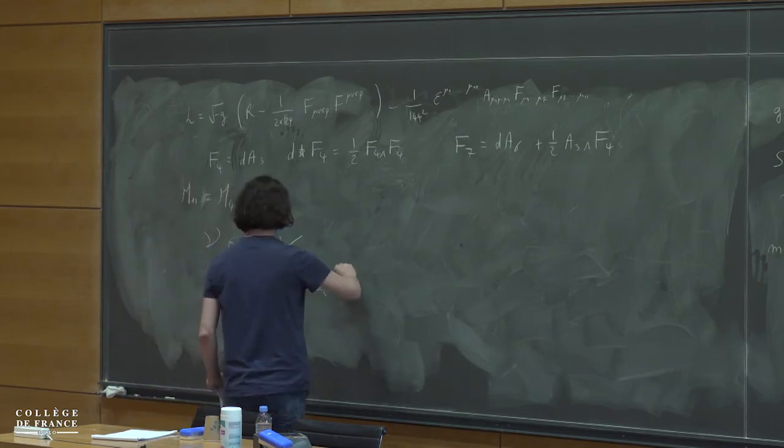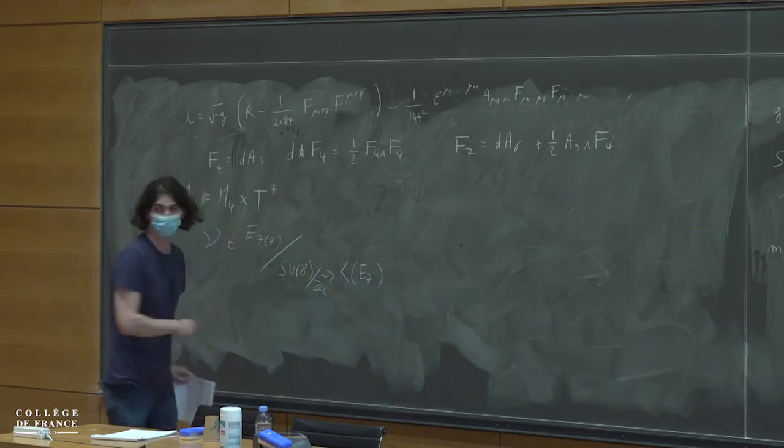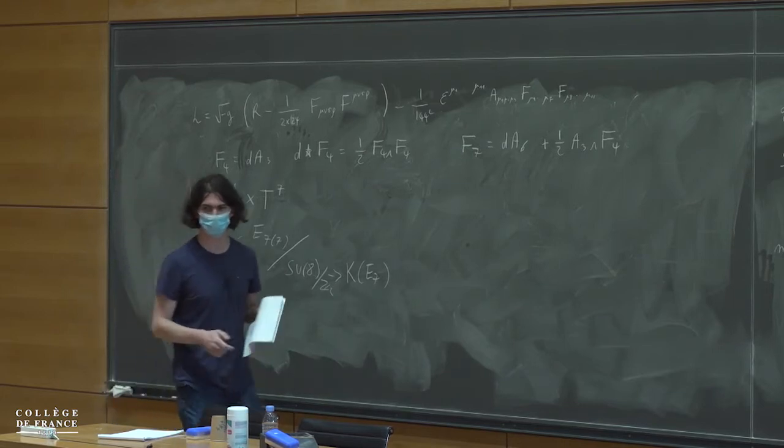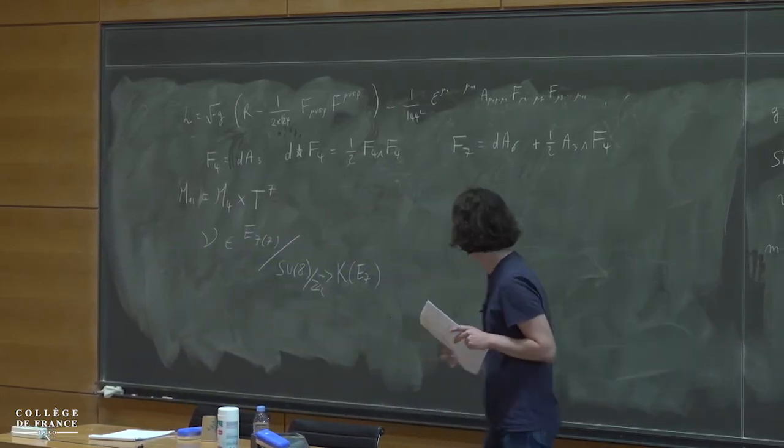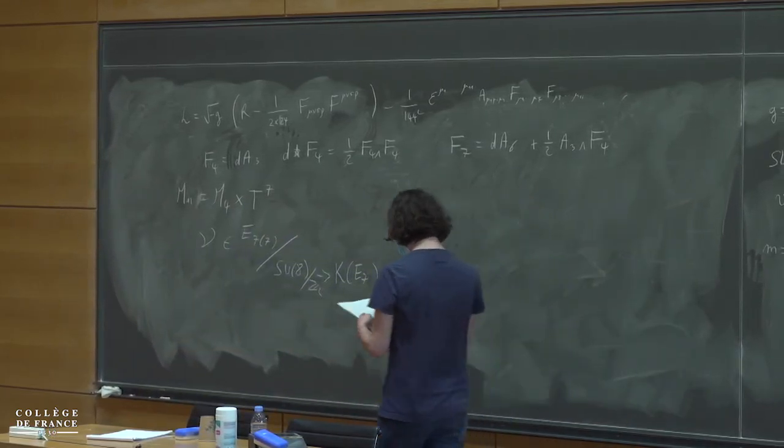In general, I will write K of E7, and I will forget about the 7 index here, which means that this is a real split form. So how does it go?